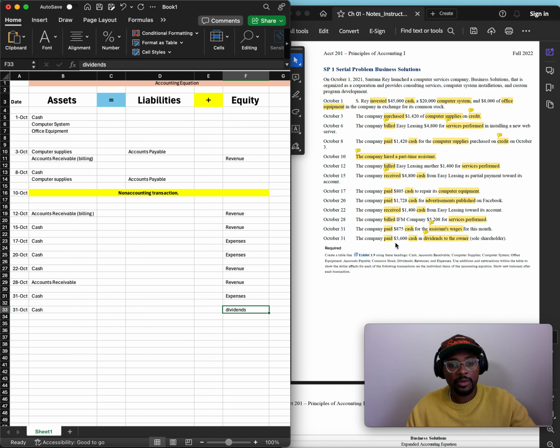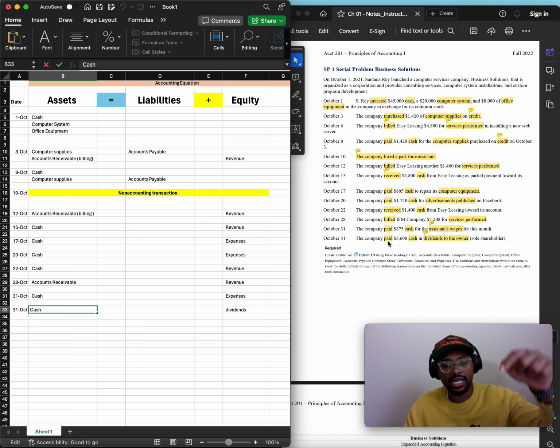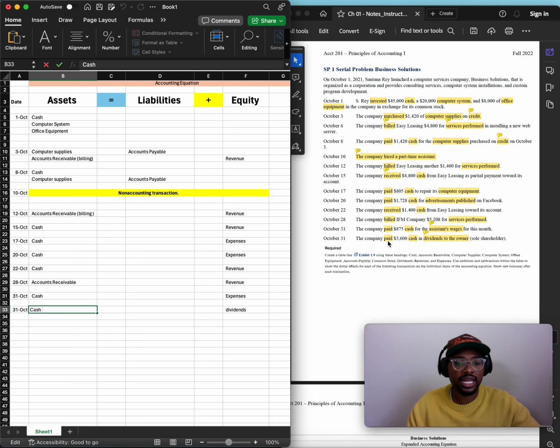So on October 3rd, the company paid 3,600. So think about it. The company paid 3,600. That word paid is very important because it lets us know what direction this asset is going. Is the asset increasing or decreasing? You're going to hear that a lot.